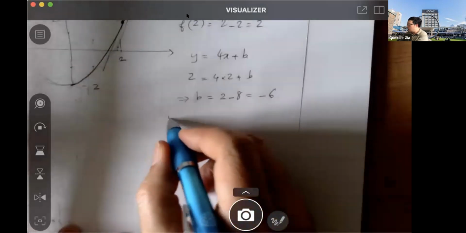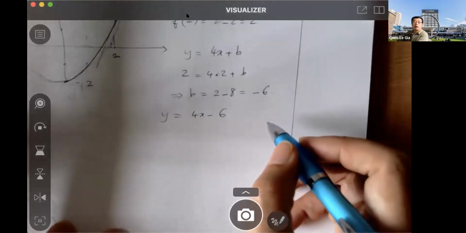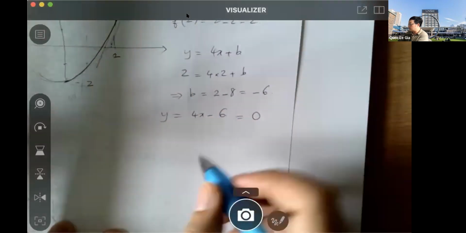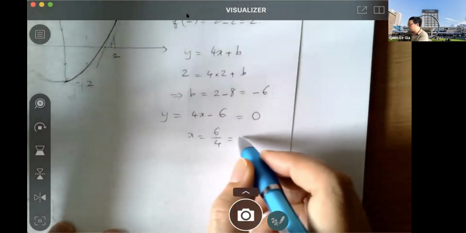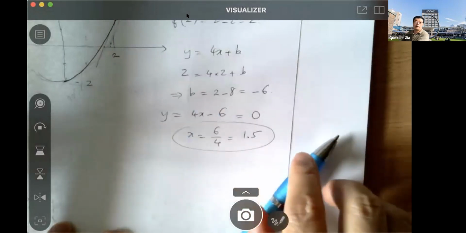So the line is y equals 4x minus 6. Now you set it equal to 0 and find the intersection. Then x is 6 over 4, or 3 over 2, which is 1.5. So you got the correct answer, 1.5.